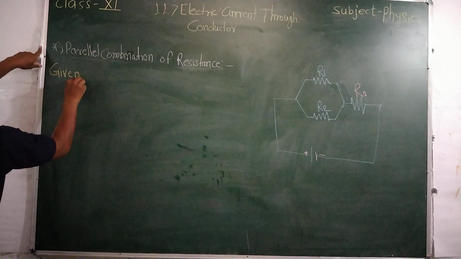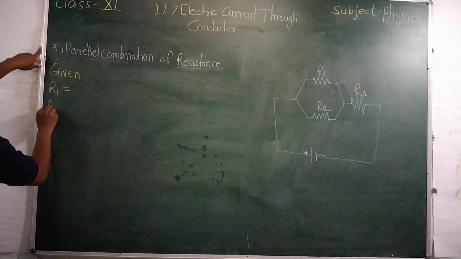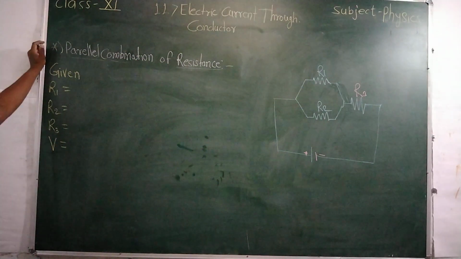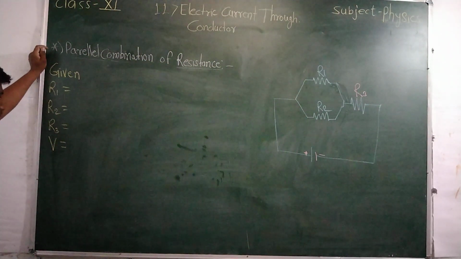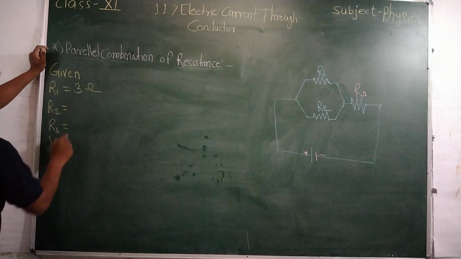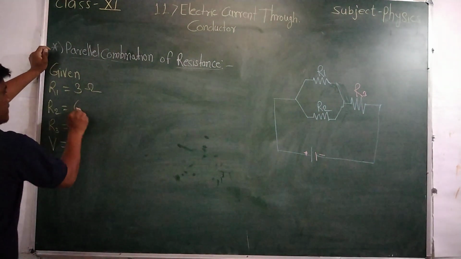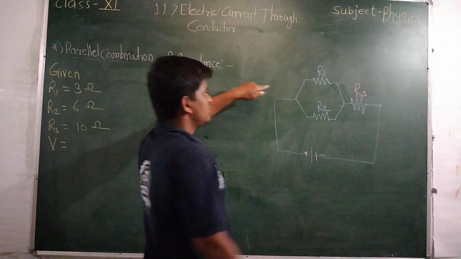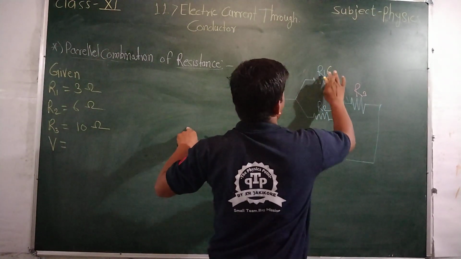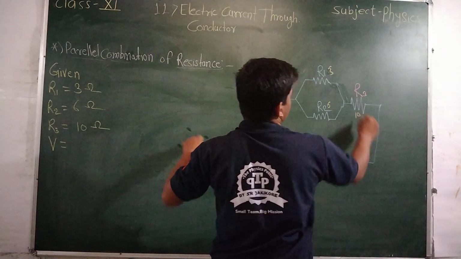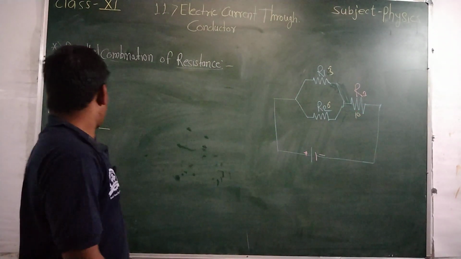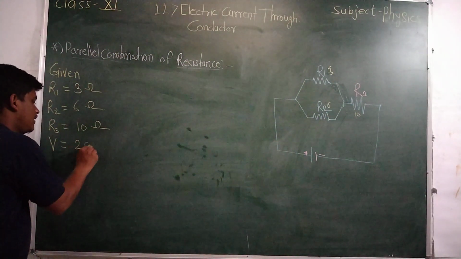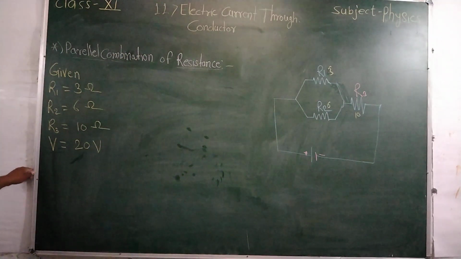Given R1 equal to 3 ohm, R2 equal to 6 ohm, and R3 equal to 10 ohm, and the total potential difference V is 20 volt.